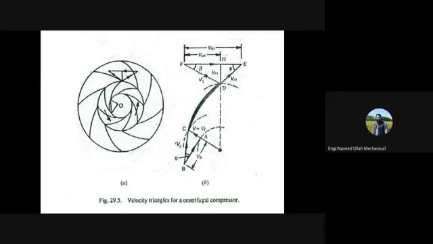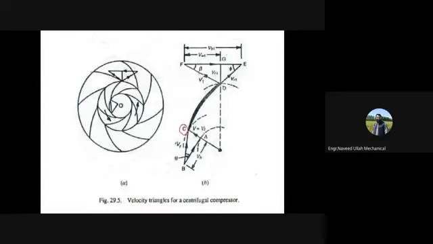If you see here the velocity triangles for moving blades of a centrifugal compressor, they are saying that consider a stream of air entering the curved blade at C. Where is C? C is basically this point. And it leaves at D, as shown in this figure.